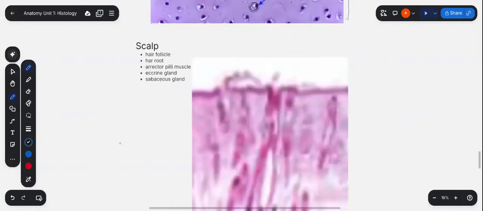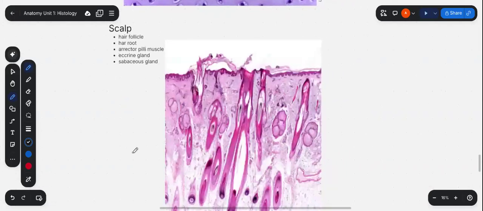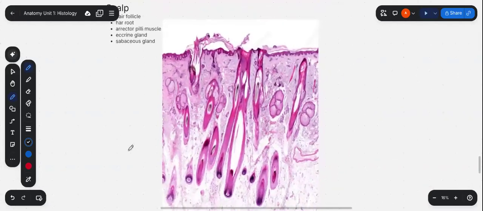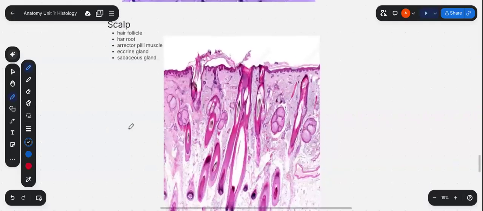Moving on, your scalp. This one is really cool. I love looking at the scalp because you can also see what color hair a person has sometimes.